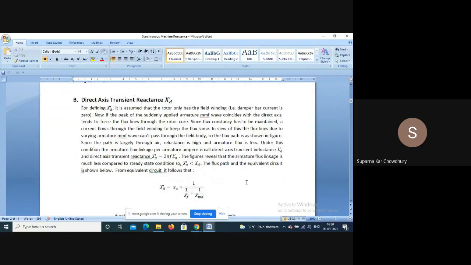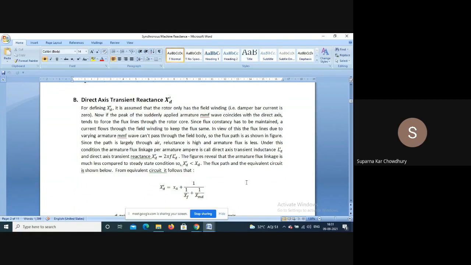How do we define it? We define that the peak of the armature MMF is suddenly applied. It coincides with the direct axis, it was not there but it is suddenly applied, and it tends to force the flux lines through the rotor core.